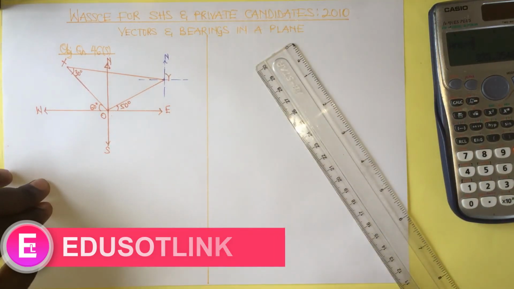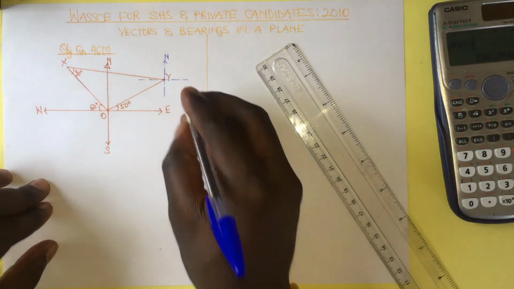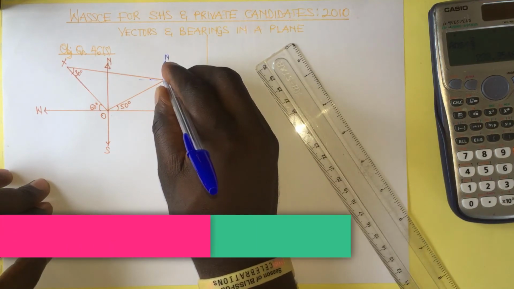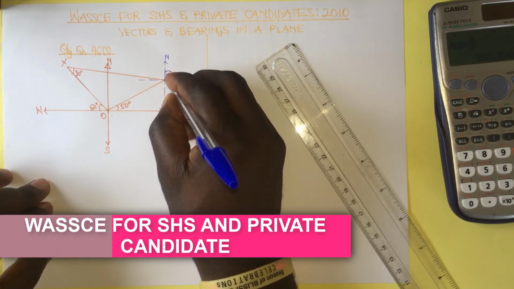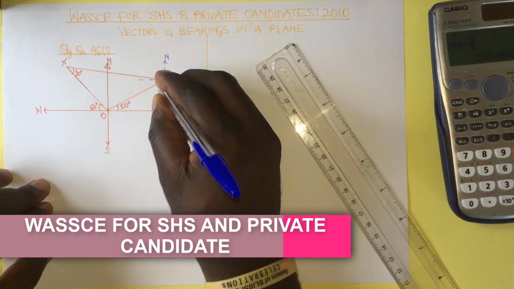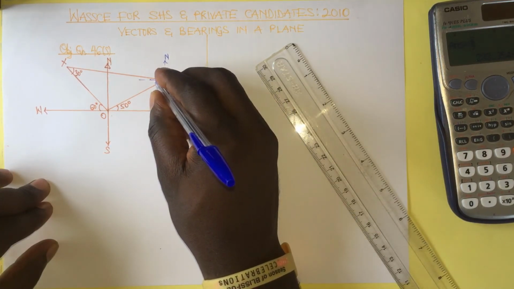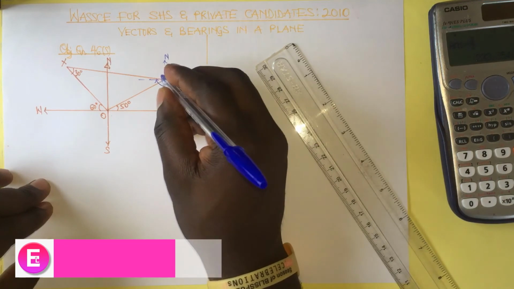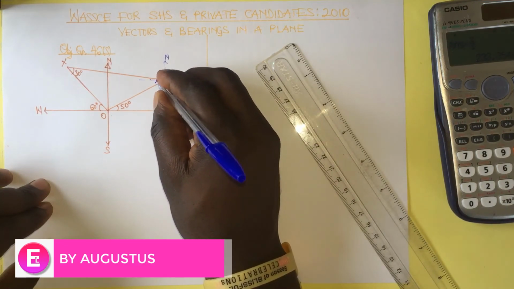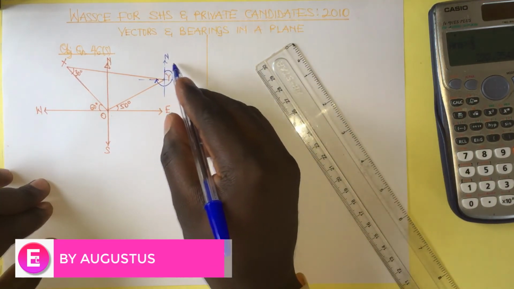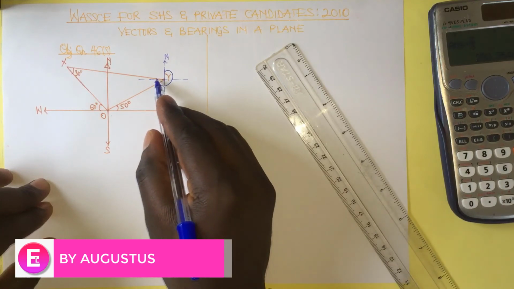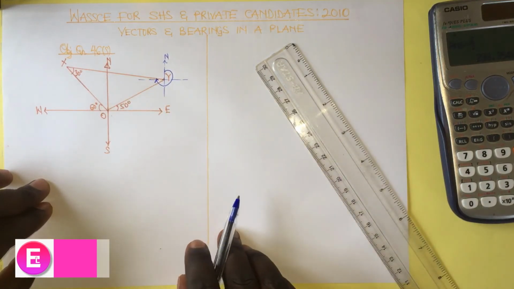Alright. So we want to find the bearing from the North Pole to Y over here. We have this, the North Pole to the line we have over here.